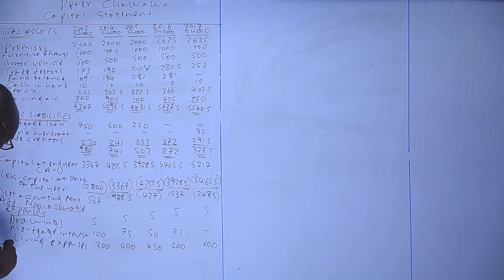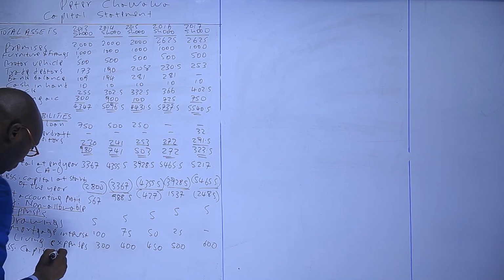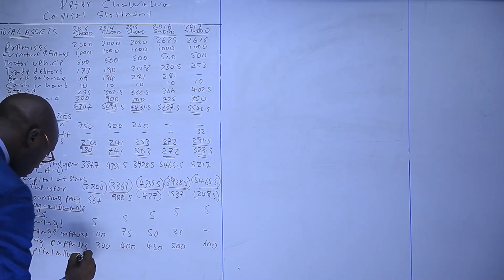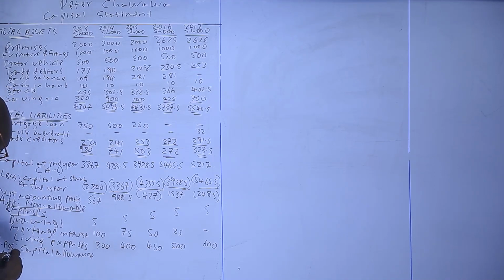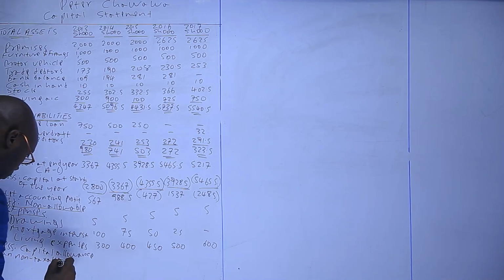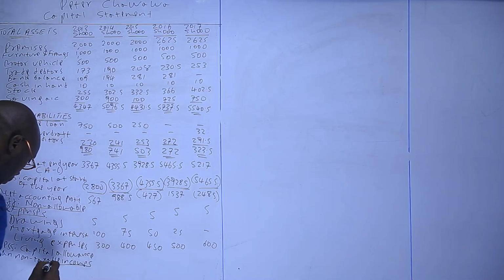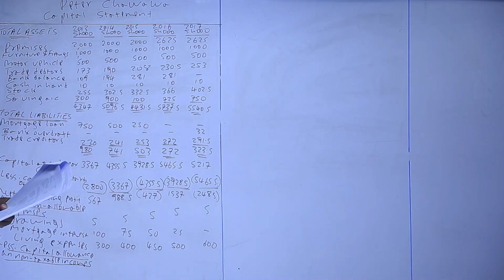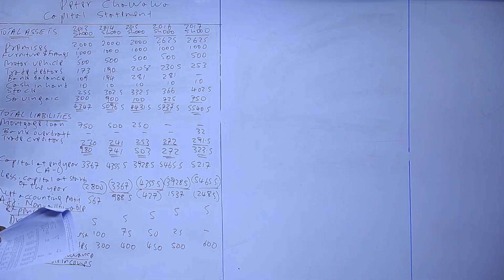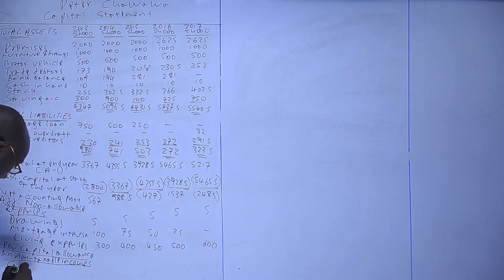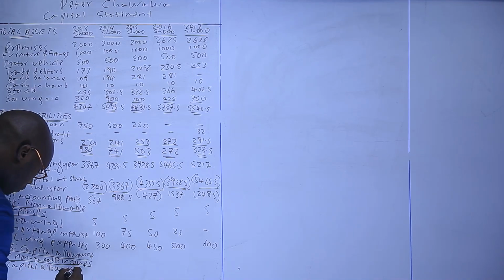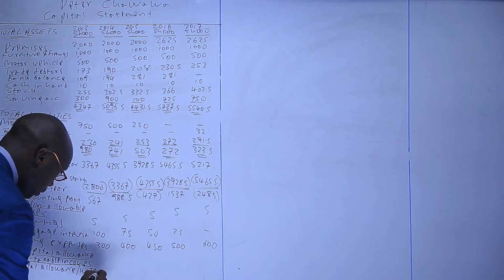We now less capital allowance and non-taxable incomes. And we start with capital allowance. We said capital allowance is the wear and tear, or WTA.